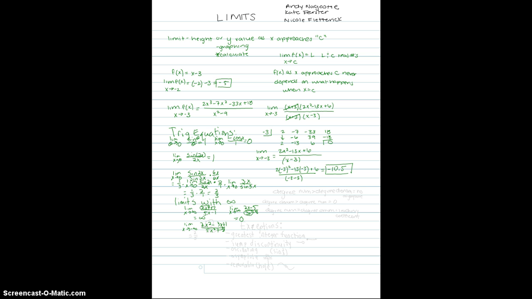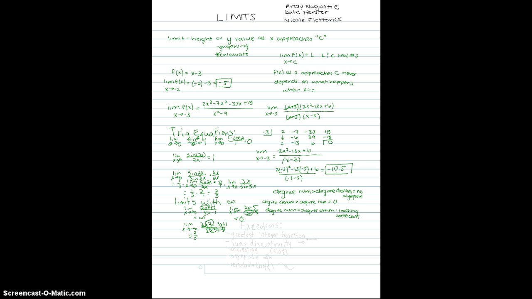Since the two variables have the same exponent, they both have an x squared in them, you would use the leading coefficient of both of those numbers for the limit. So the limit for this problem would be 2 over 5.